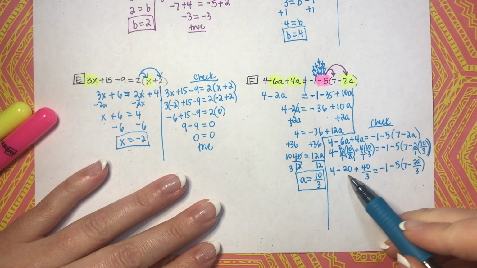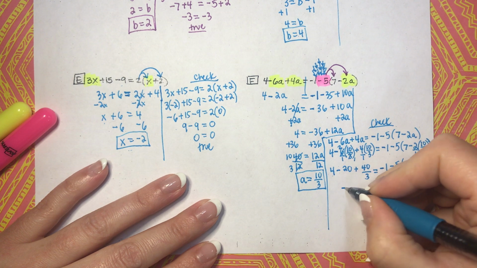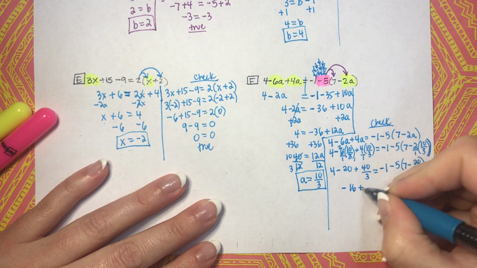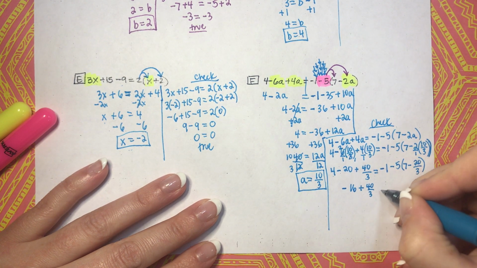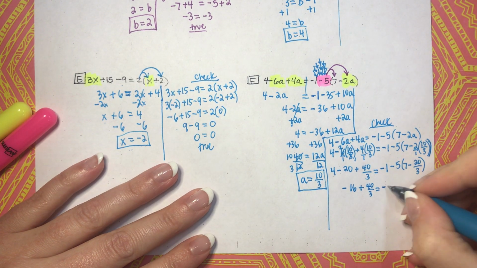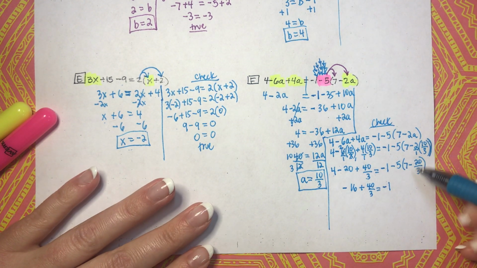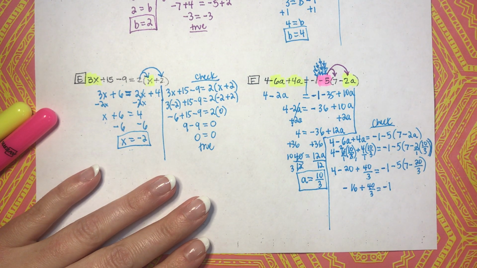Okay. I'm going to simplify this. 4 minus 20 ends up being a -16 plus 40 over 3 equals -1. And then we're going to simplify this over here in this parenthesis.